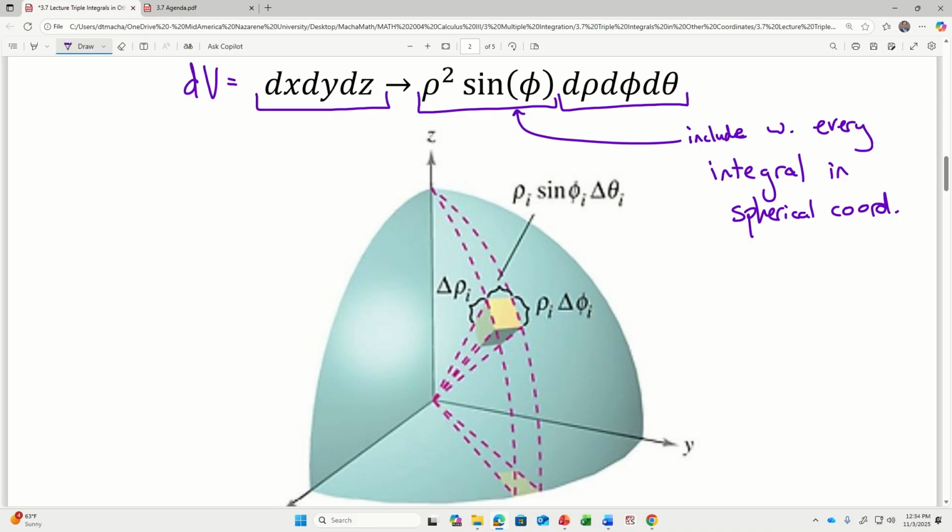And then this side of the box has length rho times d theta, because the thing that's changing here is theta. Theta is this angle that's measured counterclockwise in the xy plane away from the positive x-axis. And so this little amount here is a d theta, a change in theta.